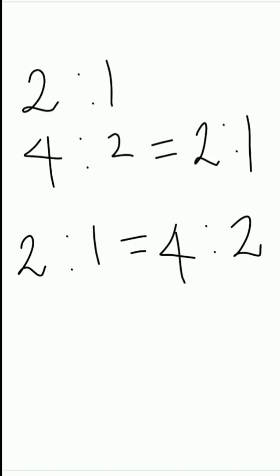And I can write this using a double colon like this. 2:1, then double colon, then 4:2. And this means the ratio 2:1 and the ratio 4:2 are in proportion.